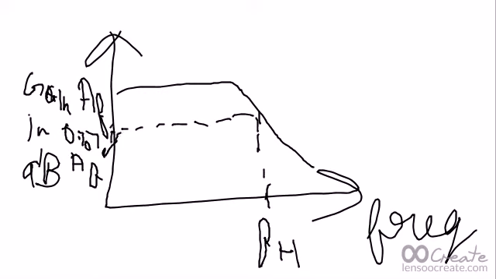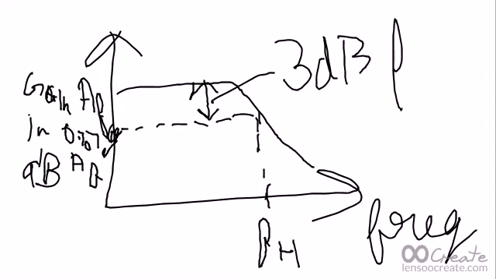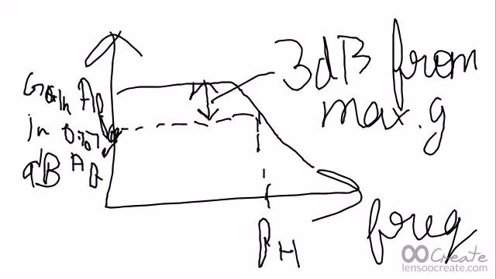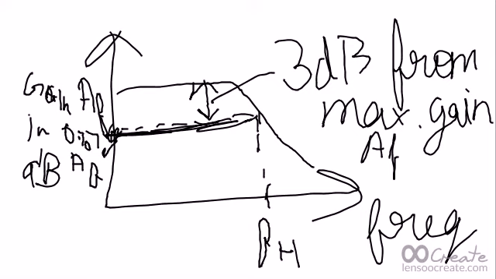So this point is 0.707 AF, and this point is actually 3 dB from maximum gain. 3 dB below from maximum gain. Maximum gain is AF. Fine. So we will get good response till AF by root 2, meaning till here we will get good response. After that the gain will decrease sharply.